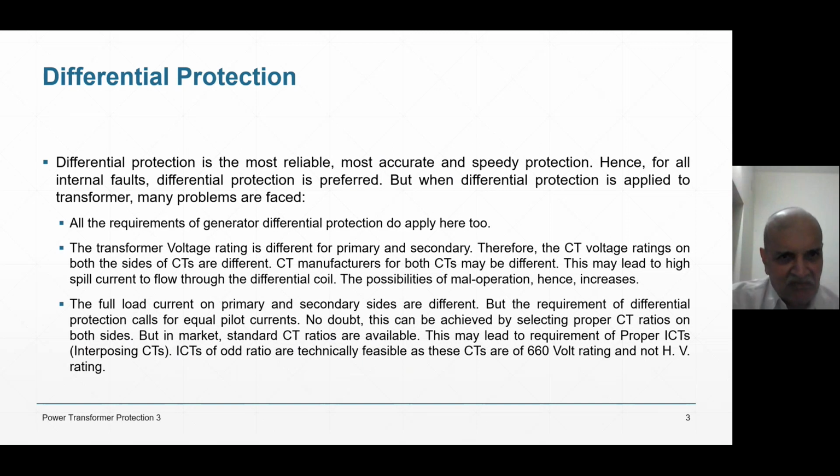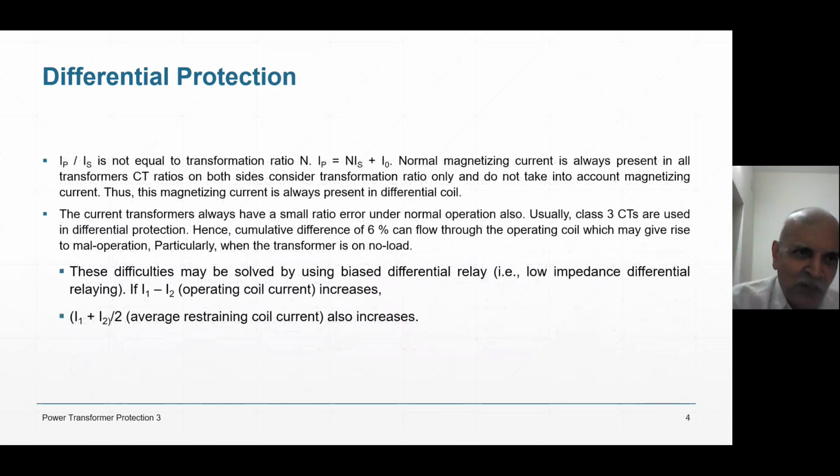So these are extra difficulties in the transformer differential protection. Then you see, you say 132 kV by 66 kV means at 132 kV my current is 500 amperes, so at 66 kV it is 1000 amperes. That is actually wrong, because transformer needs some excitation current.